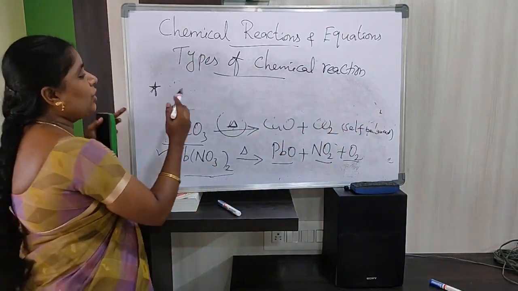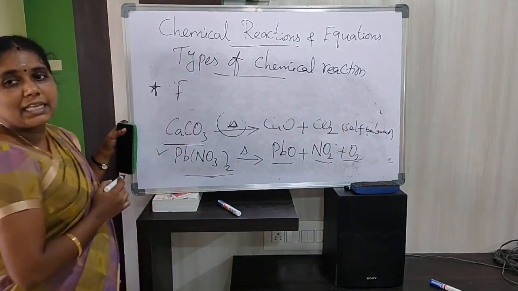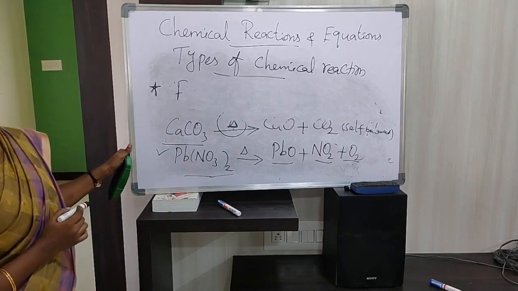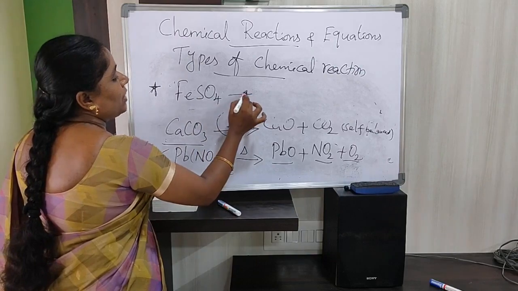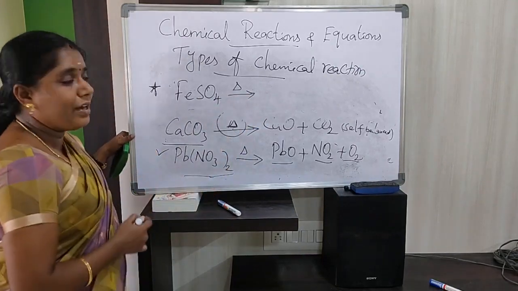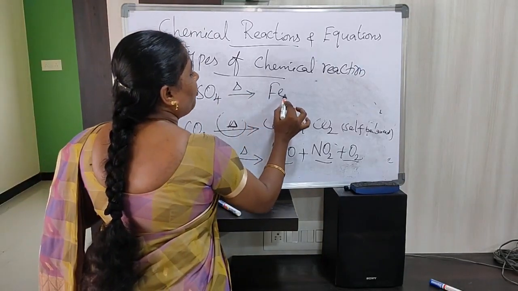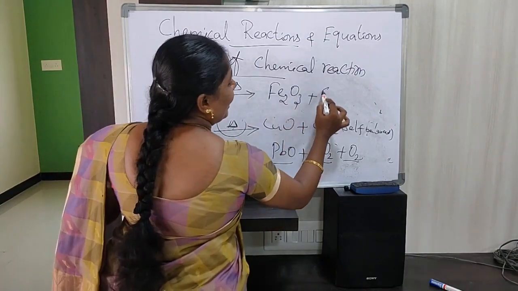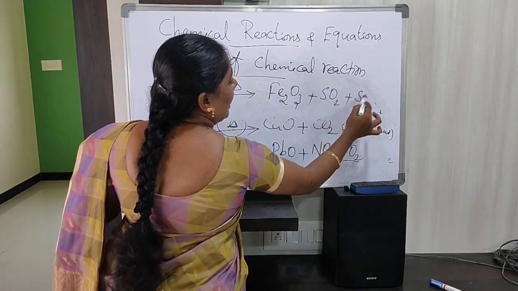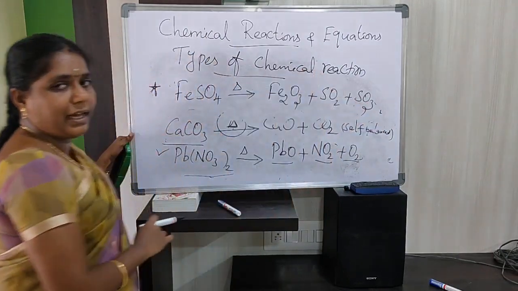And one more example for thermal decomposition reaction: on heating a green color salt, that is iron(II) sulfate, that is ferrous sulfate, it gives ferric oxide, sulfur dioxide and sulfur trioxide.